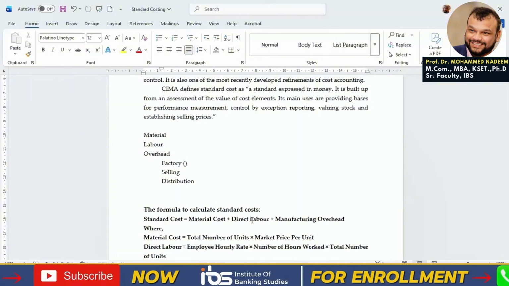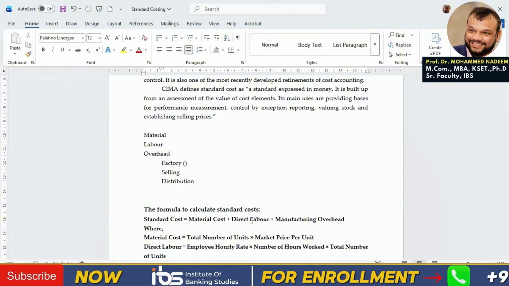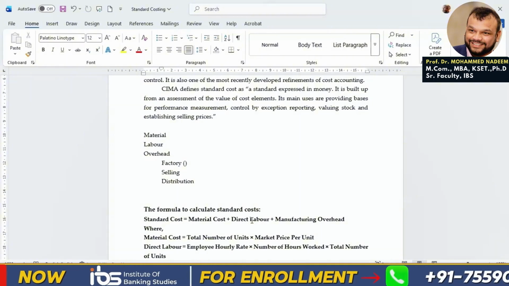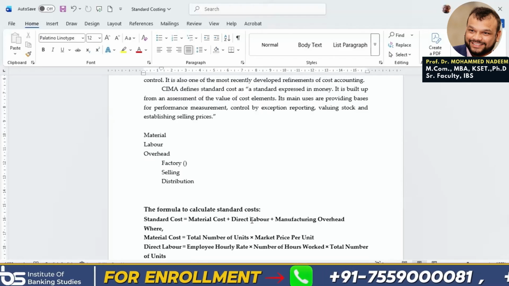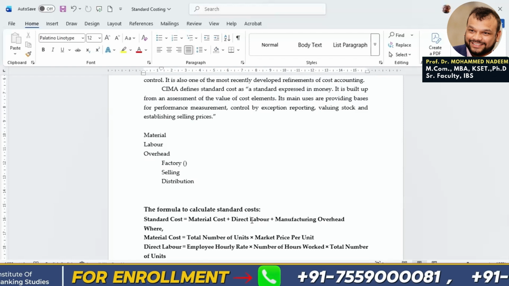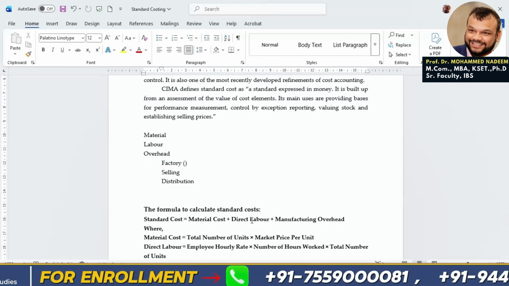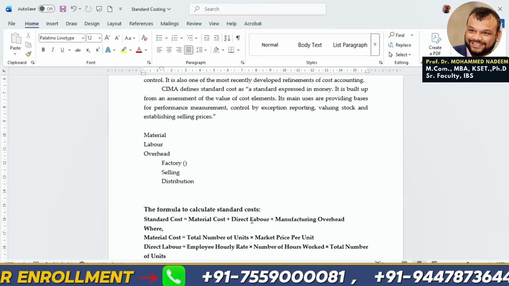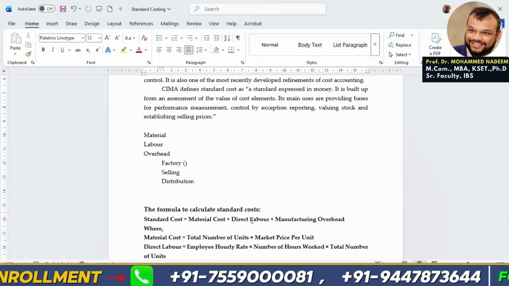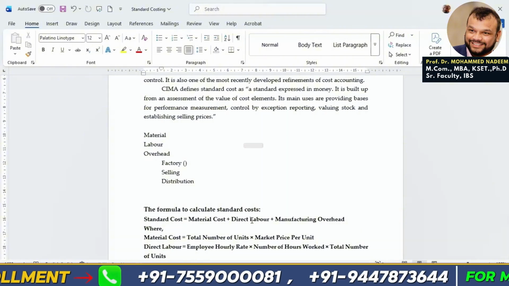For example, standard output is 5 units, whereas material is 1 kg and time is 5 hours. So 5 hours, 1 kg and 5 products. When we set these 3 drivers, we call it standard costing.